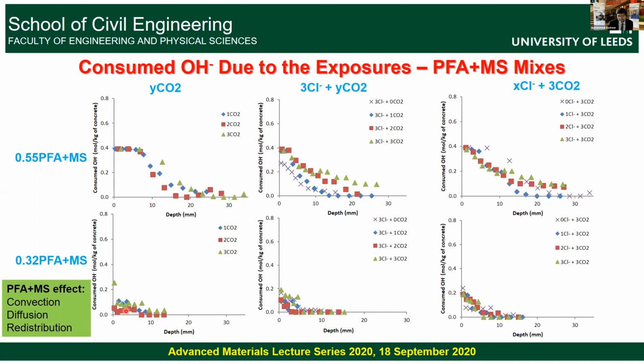However, in this case, there is a bit of a change between the first one and the second and third due to the presence of microsilica. So possibly to a lesser extent, we have an effect here, but the major effect is for the normal types of concrete we use in constructions.